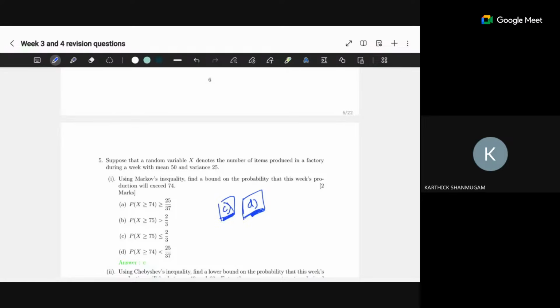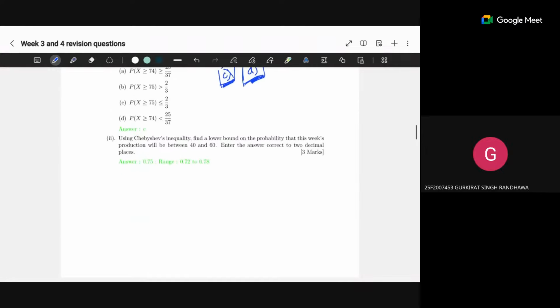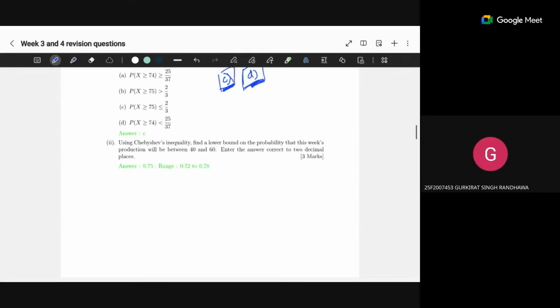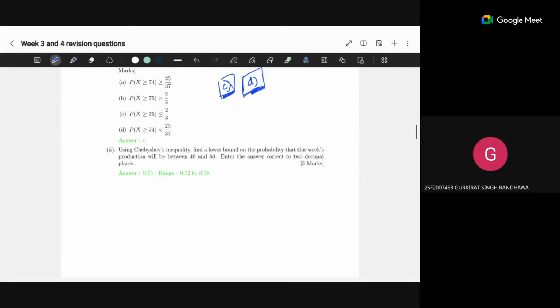The first person who told me that he solved the question will be explaining it. Yes, ma'am. Can you explain how did you solve it? Ma'am, it's direct. Just putting in the formula. Mean is given, constant is given. What is the formula?